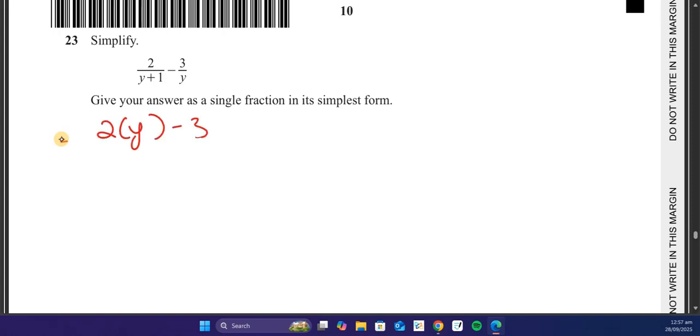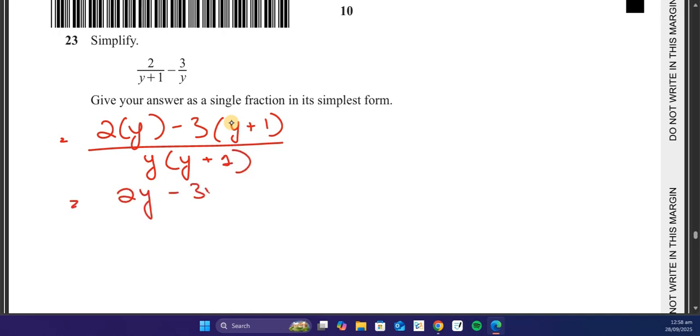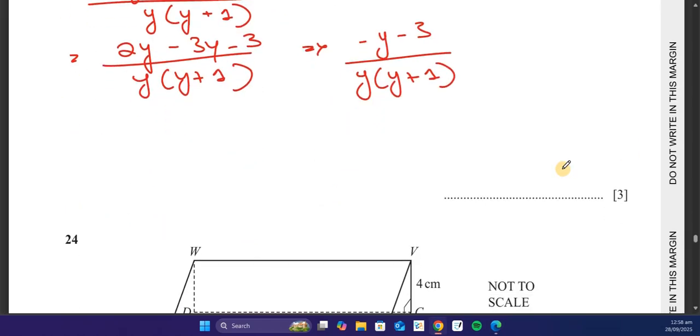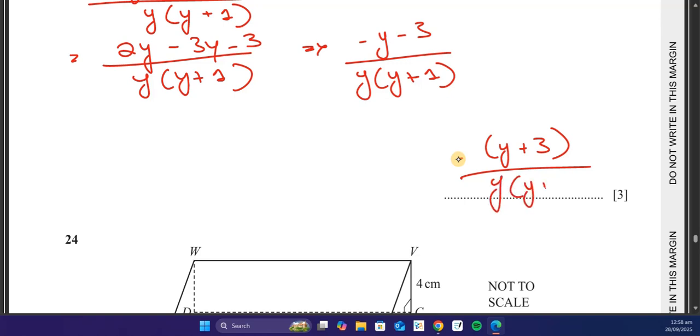So 6 minus y times y plus 1, over 3 times y plus 1, and that would give us 6 minus y squared minus y over 3 times y plus 1, and that would be our final answer.